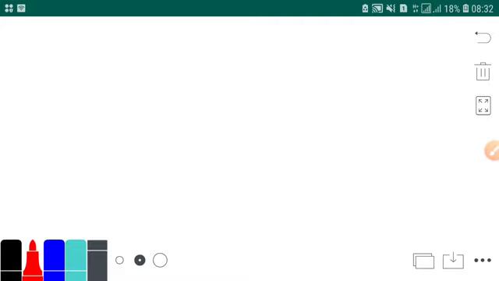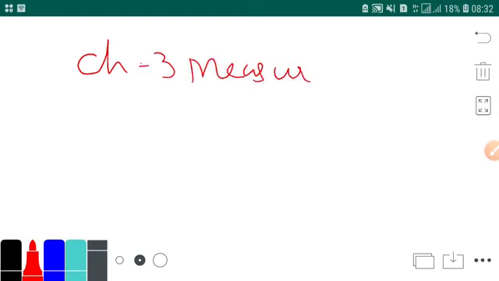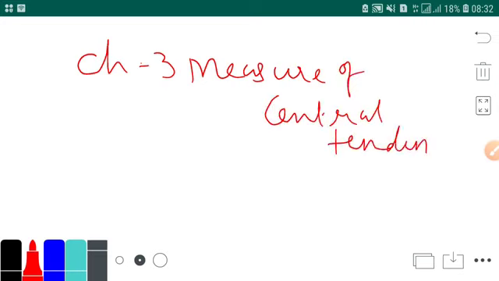Okay, we have started with chapter number 3, that is measure of central tendency. In the chapter of measure of central tendency, what have you done so far?